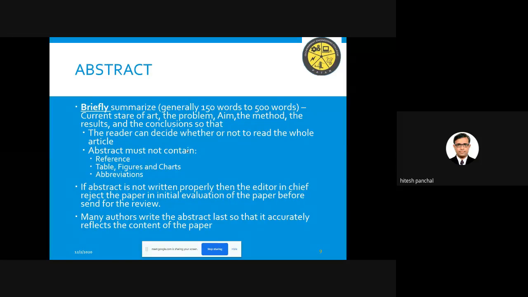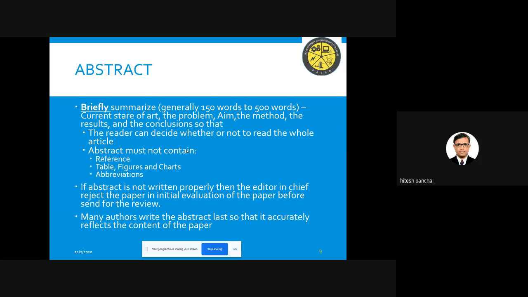Once results and discussion are over, materials and methods are over, and your literature review is over, it is very simple to write the abstract. That is why I have put the point that many authors write the abstract last so that it accurately reflects the content of the paper. That is why, my dear friends, the abstract is very important.